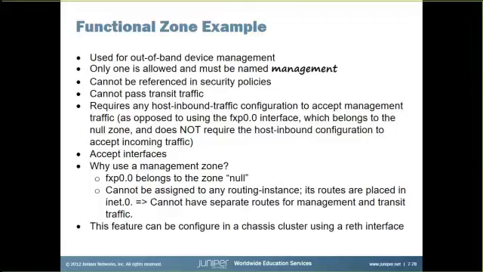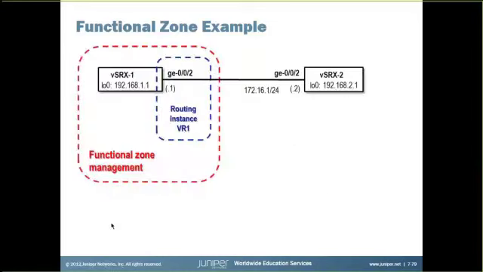So here's a little diagram that shows you why I would want to do a functional zone. I want to use ge-0/0/2 as management. I want this interface to behave as if it was the fxp0. It allows traffic only for management purposes, terminating on my SRX.